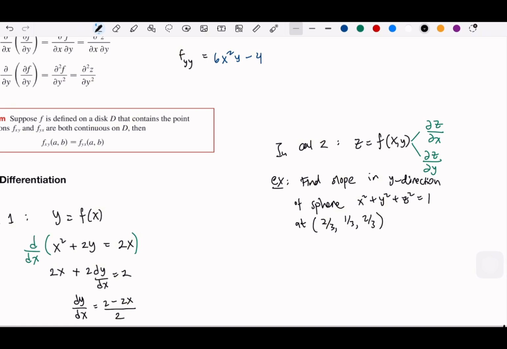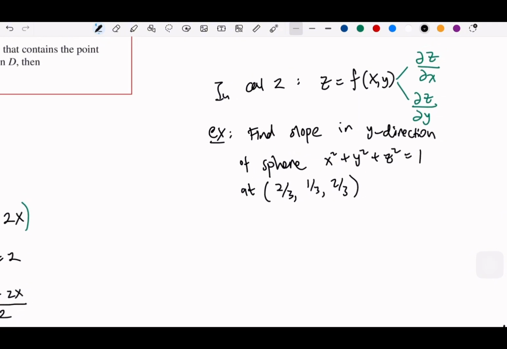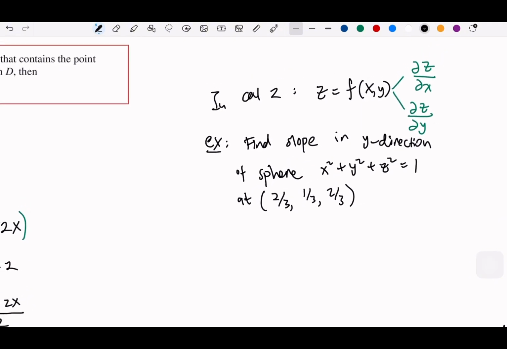Okay, you can ignore the numbers for now. Let's just focus on the question itself. The question is asking the slope in y direction, which means we are going to take the derivative with respect to y. Okay, remember that we did in the previous example. So this will be our function. We can directly derive all of this with respect to y.